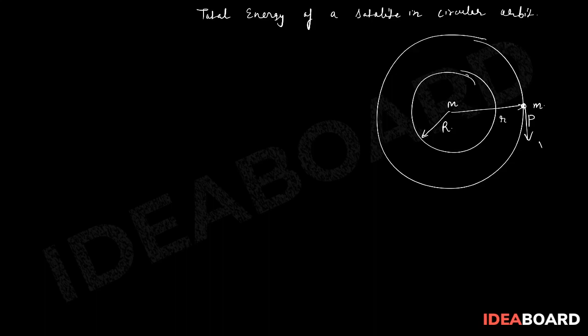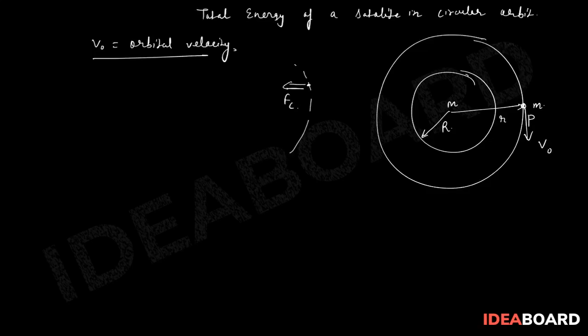So first of all, V0 is the orbital velocity. Now, how to obtain the value of orbital velocity? At point P, if you draw the FBD, there has to be some centripetal force which is needed in order to rotate this satellite in a circular path.